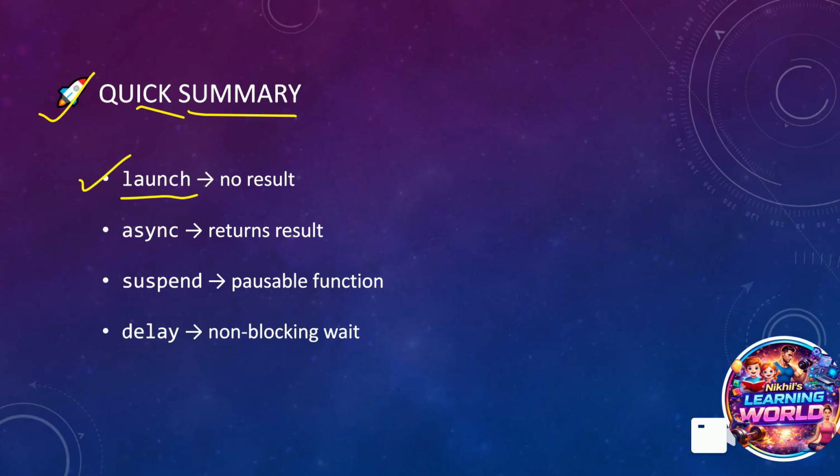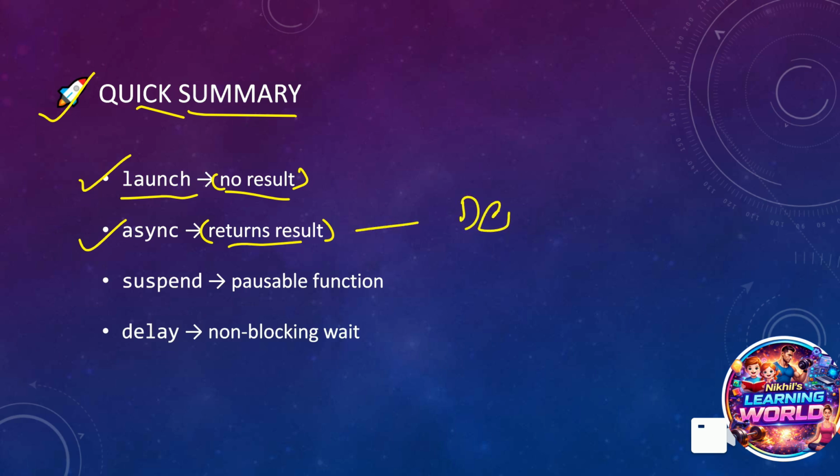Okay, so let's start with launch. Launch is used when you just want to run something in the background and you don't care about the result. Next was async. Async returns a result. Async returns something called a Deferred, and to get the result, you call await.